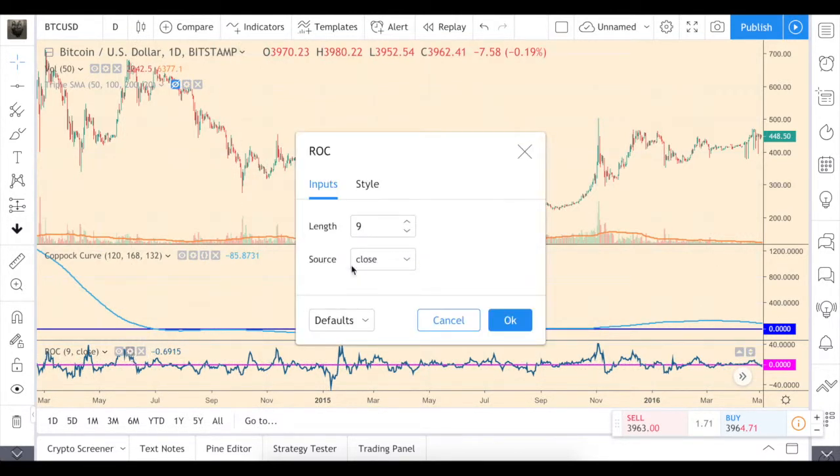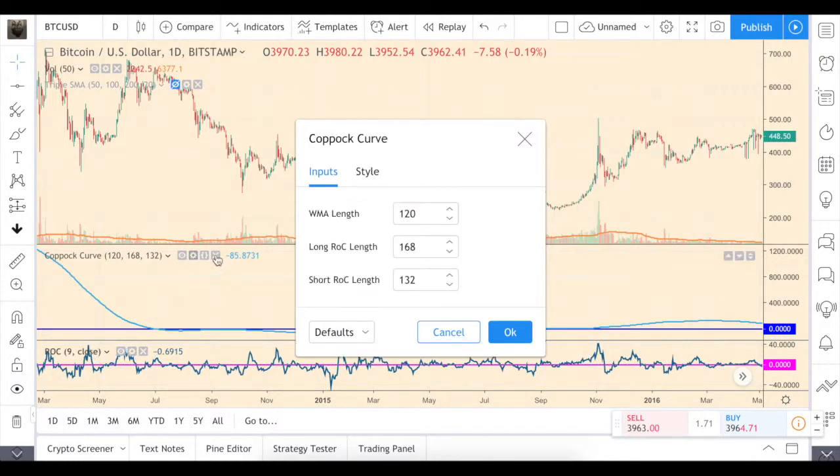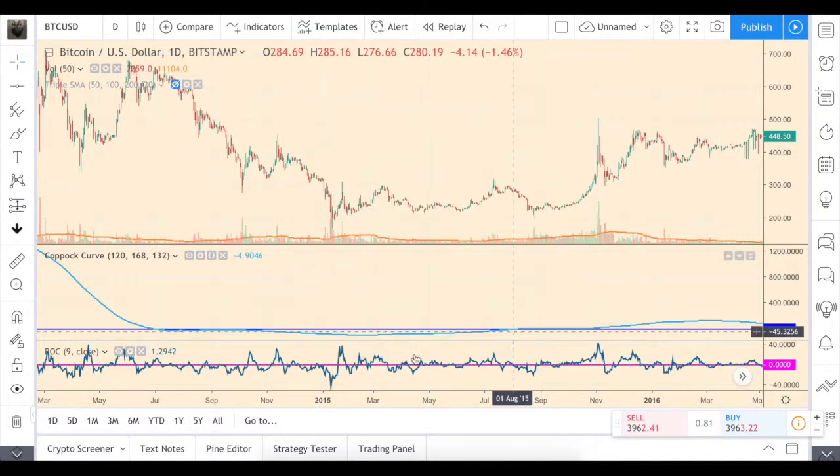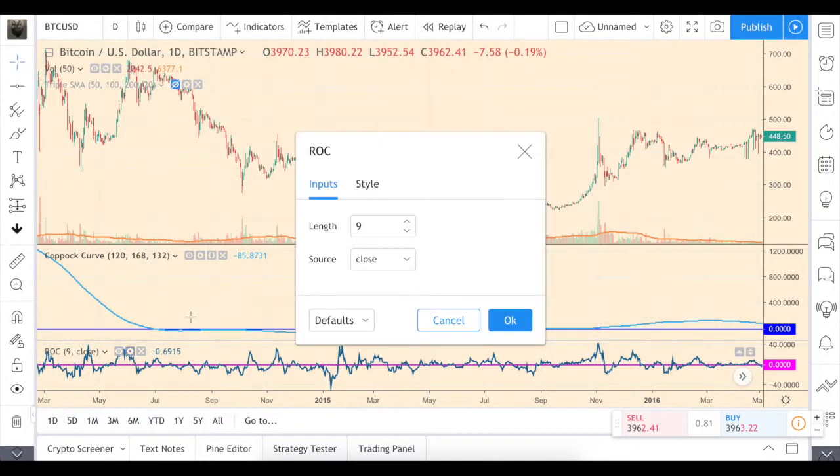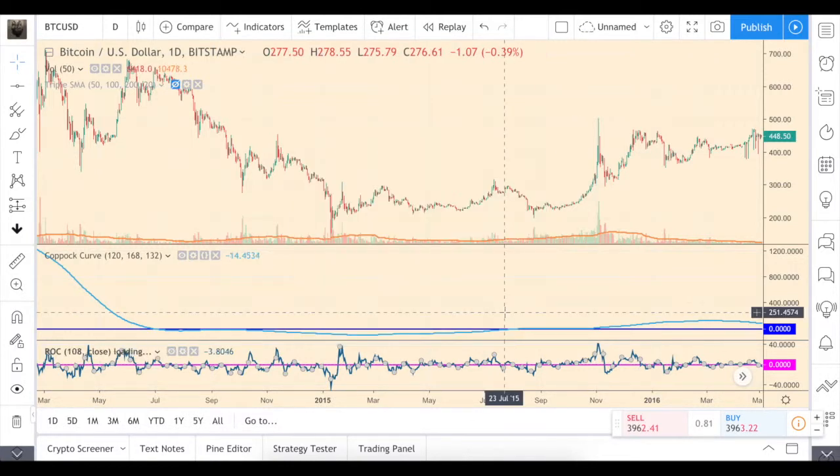So I will go ahead and switch the ROC to the same coefficient, which will be 12, because if you remember, the length of the weighted moving average was 10, so 120 is a factor of 12. The rest also used the same coefficient, so I will increase it by 12, and it will be 108.